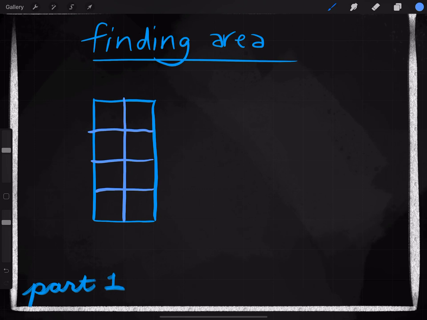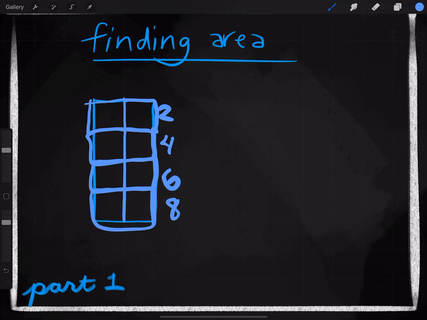So you can have 2, 4, 6, 8. You can skip count because there are 2 in each row. So 2 plus 2 more is 4, plus 2 more is 6, plus 2 more is 8.